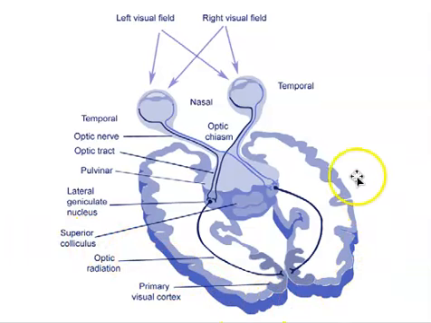So what you're looking at here is just a slice through the human brain. These are the eyes, so the anterior part of the face is obviously over here, and then the posterior part of the head would be back here. And I want you to think about how your eyes work for a minute, because it helps explain why the optic nerve would have at least partial contralateral anatomy.